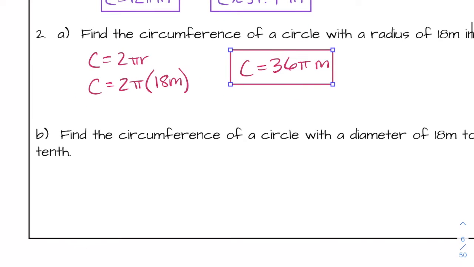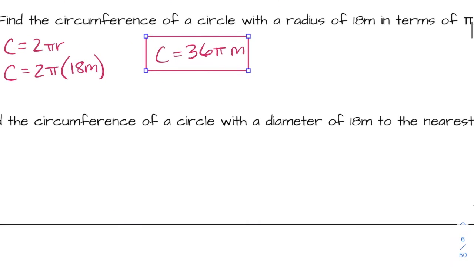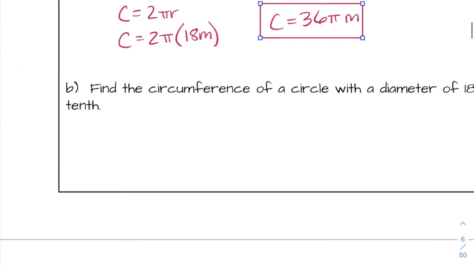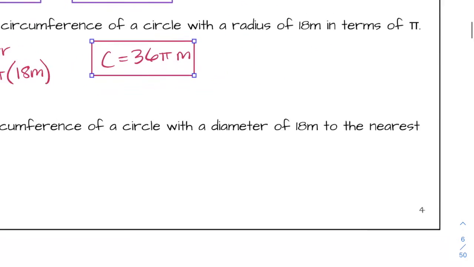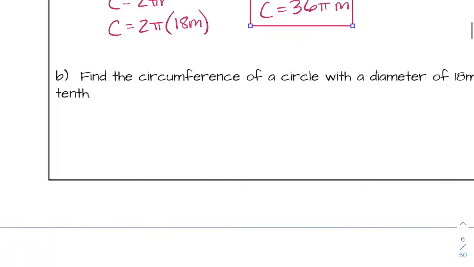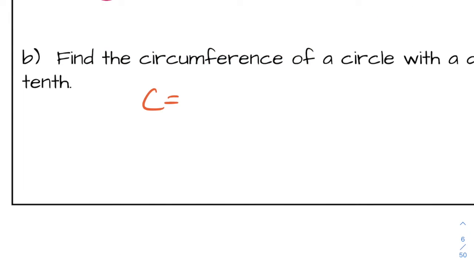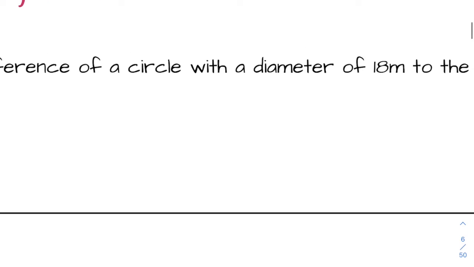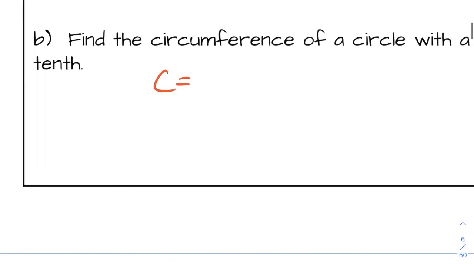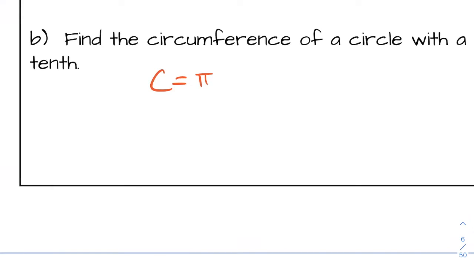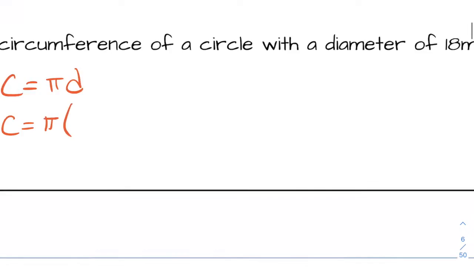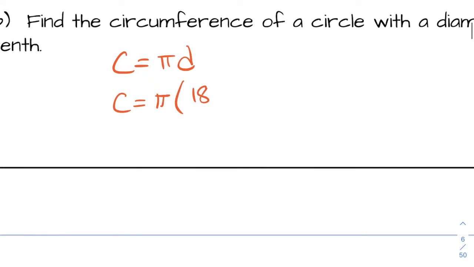And find the circumference of a circle with diameter of 18 meters to the nearest tenth. So this one, what did it say? A diameter of 18. So circumference is pi d. So circumference is pi times 18 meters. So circumference equals 18 pi meters.